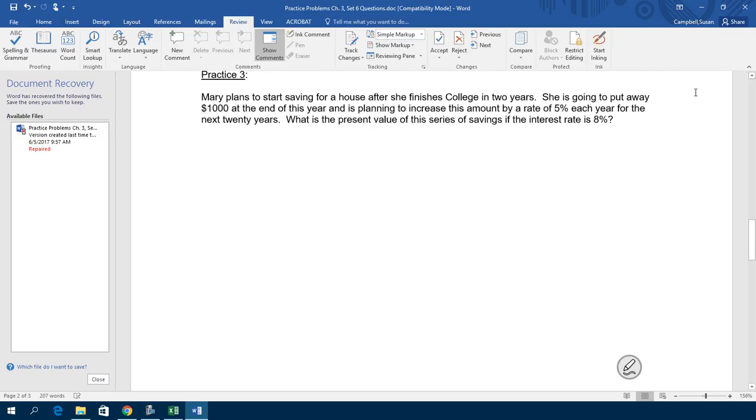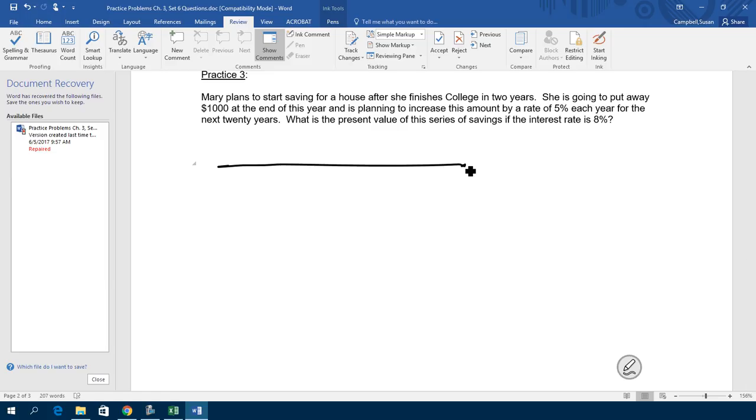And our last problem. Mary plans to start saving for a house after she finishes college in 2 years. She's going to put away $1,000 at the end of this year and is planning to increase it at a rate of 5%. So we essentially have the same problem as last time, except we're increasing by a rate. So we have 0, 1, 2.